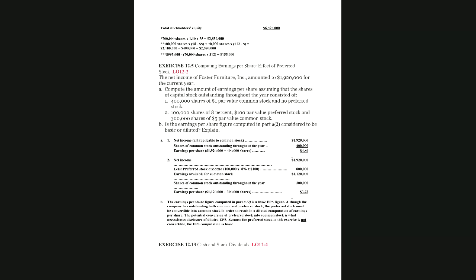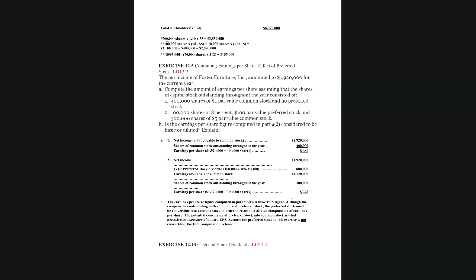Okay, let's just do it again. All right, so I know I had a stock dividend of 10%. Previously, the number of shares outstanding was 700,000. So when I had a stock dividend, I had 70,000 additional shares outstanding. I know the par value of those shares is $5.